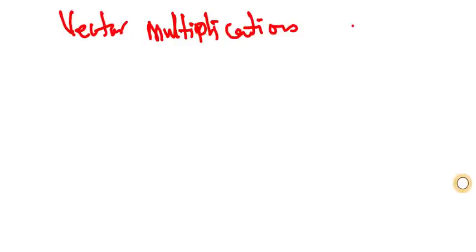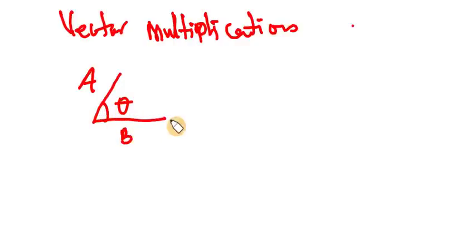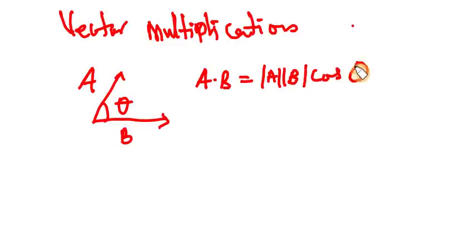So we have this relationship. When you are talking about dot products, when you have two vectors, A and B, inclined at angle theta, from the idea of dot products, we can have that A dot B equals magnitude of A, magnitude of B, cos theta.